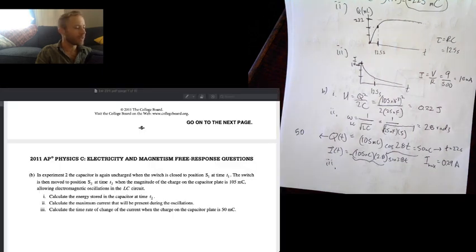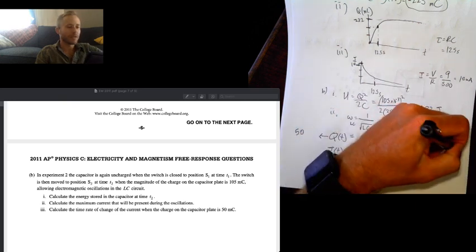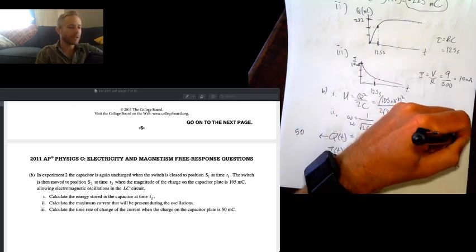Oh wait, I've got to do that in radians, don't I? Hang on a second. Got to convert that to radians, my bad. So that happens at 0.38 seconds.